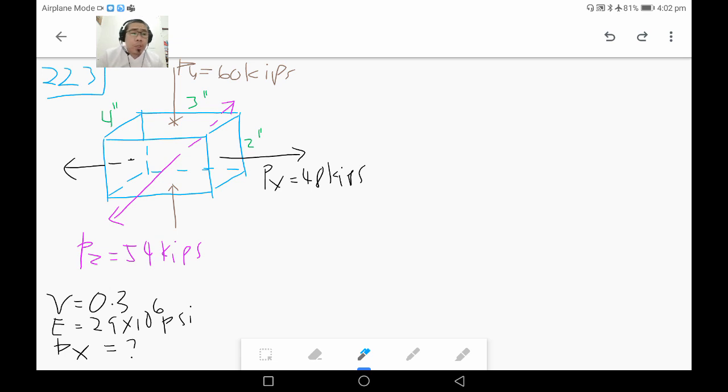So, may deformation tayo dito sa y, no? So, ngayon, pag nag-apply ka ng force dito sa x, if V is 0.3, elasticity is 29 times 10 to the 6, determine the uniformly distributed load. Load ang hinahanap niya, in x direction.